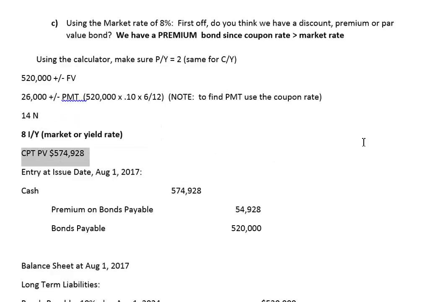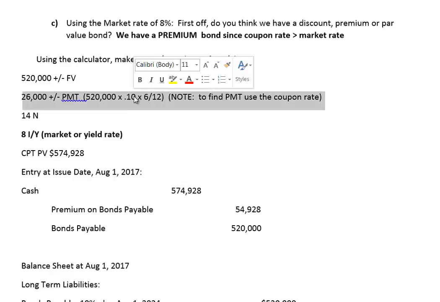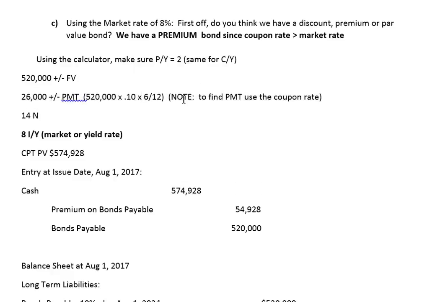And how do we do that? Similar way to what we did before. We're going to calculate the cash proceeds of the face value, which is $520,000, and again plus minus because it's an outflow to Billboard, it's an amount they're going to pay back. $26,000 is our payment every interest period, which is your face times your coupon times 6/12, because don't forget 6/12 is a half a year and you're making your PMTs or your payments every 6 months.